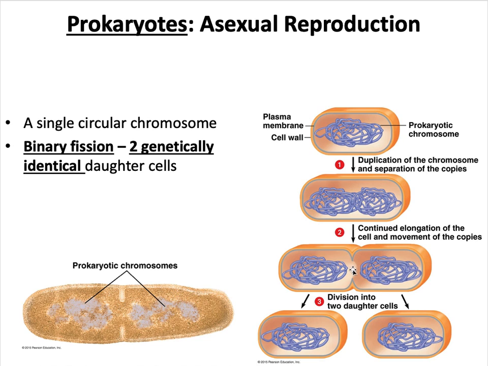It'll elongate and eventually separate the two bacteria. And then now we have two daughter cells that came from this one parent cell. These two daughter cells are genetically identical to the parent cell, which means they have the same DNA sequence and will be exactly the same as their parent cell.